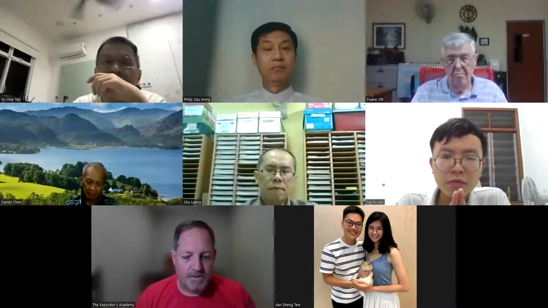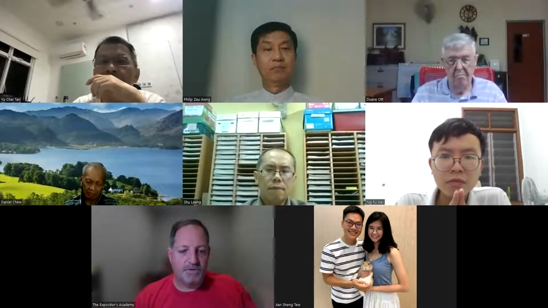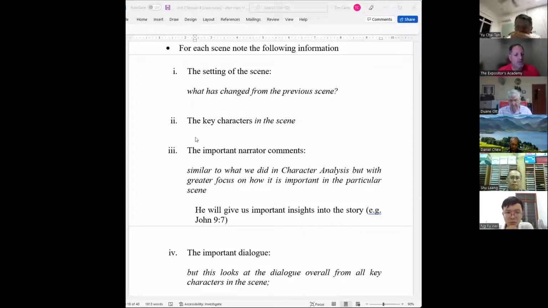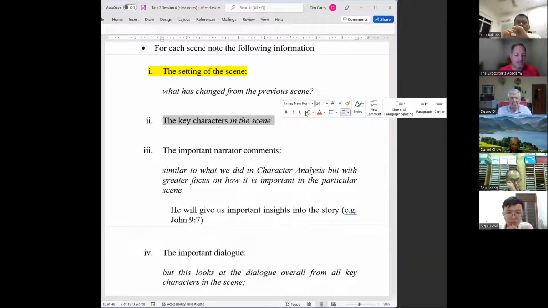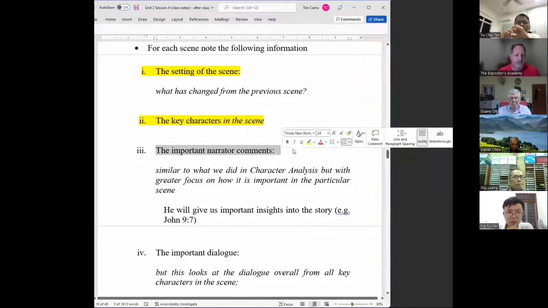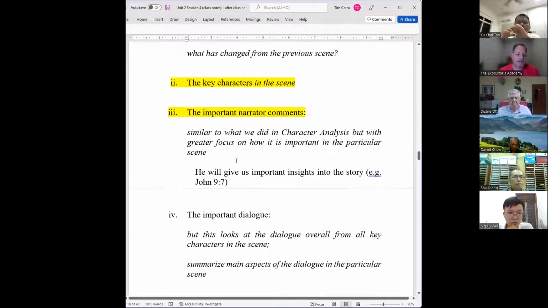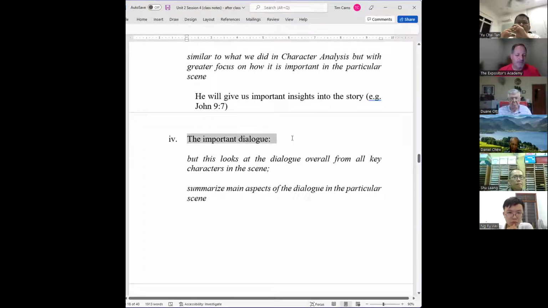All right. So, as we do the scene analysis, that is what we want to consider: the setting of the scene, which is, by the way, given to us by the narrator, the key characters in the scene, and then the narrator's comments. And then we also want to focus on key statements made in the dialogue.